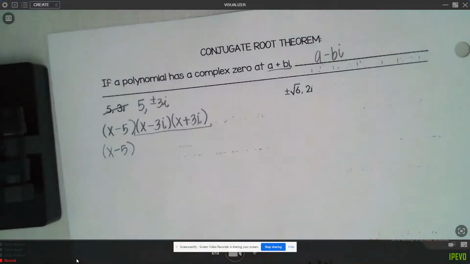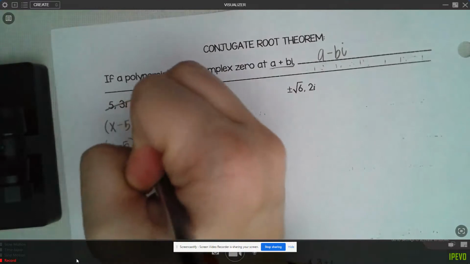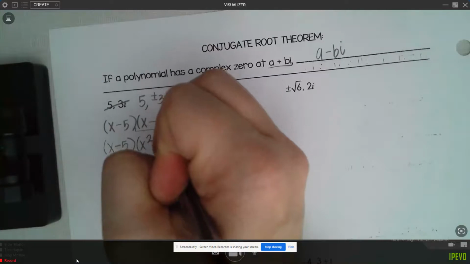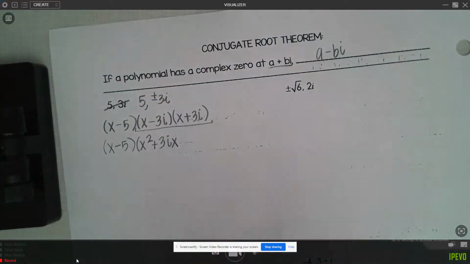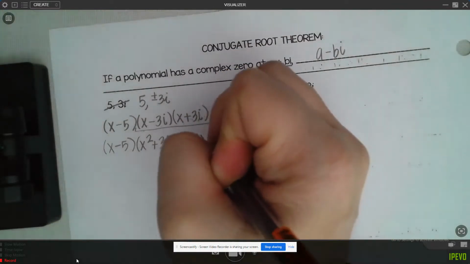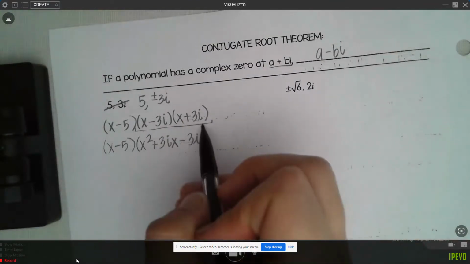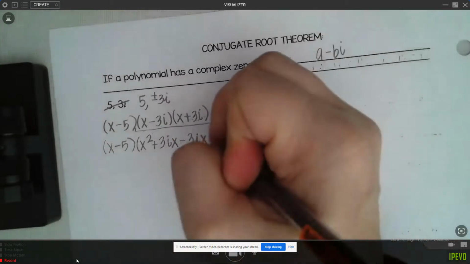And now I'm going to distribute. I'm going to FOIL. X times x is x squared. Yes? X times 3i is just a positive 3ix. Negative 3i times x is a negative 3ix. Negative 3i times 3i. What is negative 3 times 3? Negative 9.